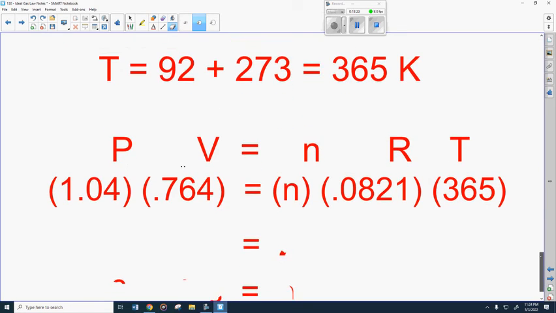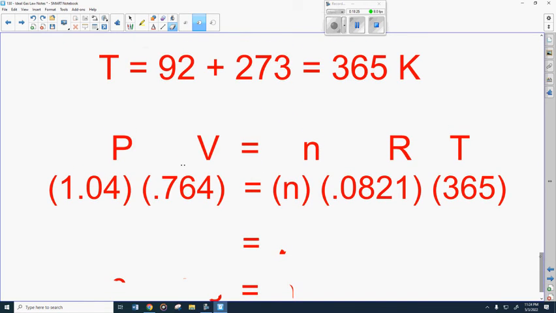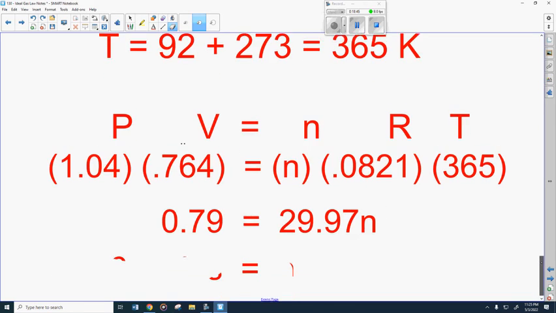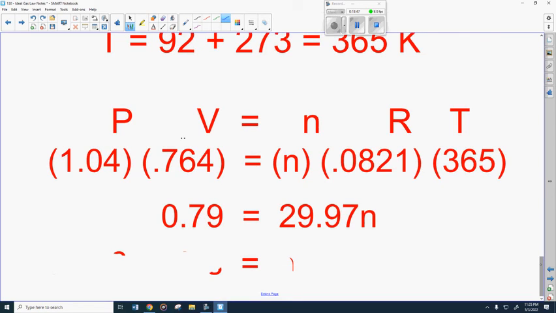I'm going to go ahead and start simplifying both sides here. 1.04 times 0.764 comes out to be 0.79. N times 0.0821, or 0.0821 times 365, is 29.97. Now let's put the N after that, so 29.97 multiplied by N. And the familiar last step: what is the opposite of multiplying by 29.97? It would be dividing by 29.97 on both sides to get that N by itself.